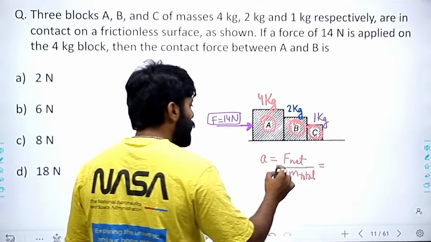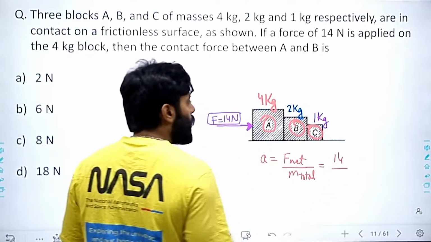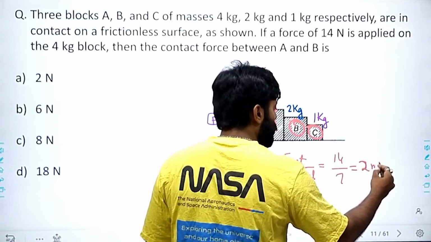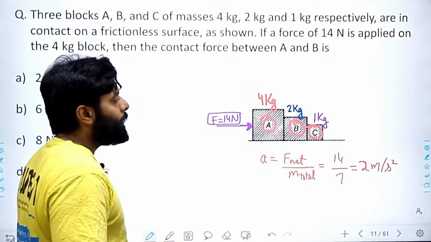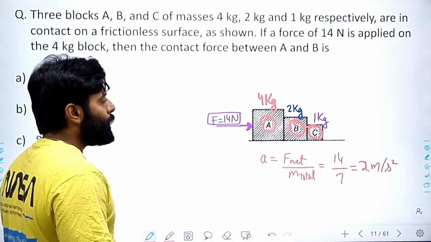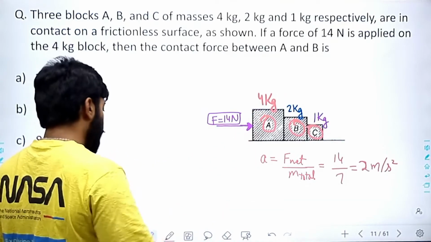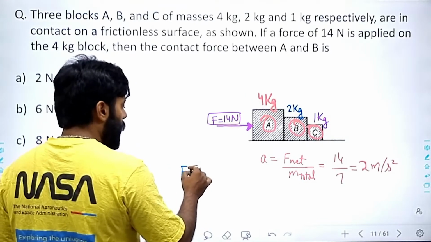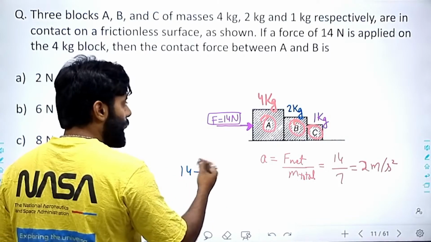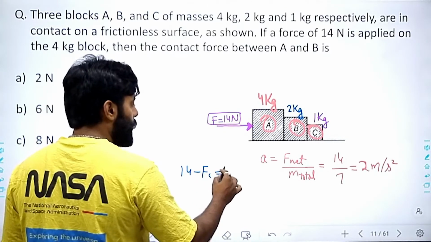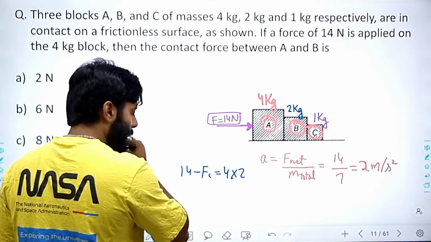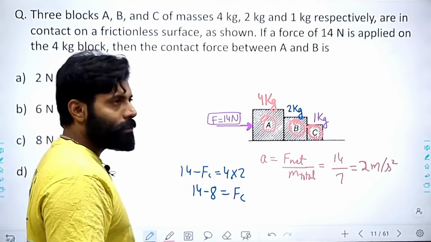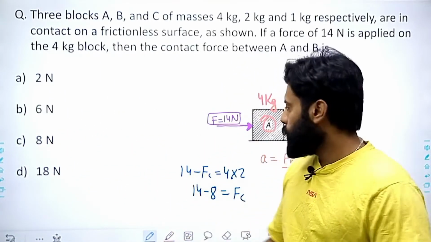The net force is 14. The total mass is 4 plus 2 plus 1, which is 7. So acceleration will be 2 meter per second square. Then the net force acting on A is 14 minus the contact force Fc equals 4 into 2, which is 8. So 14 minus 8 is equal to Fc. So 6 is the answer.